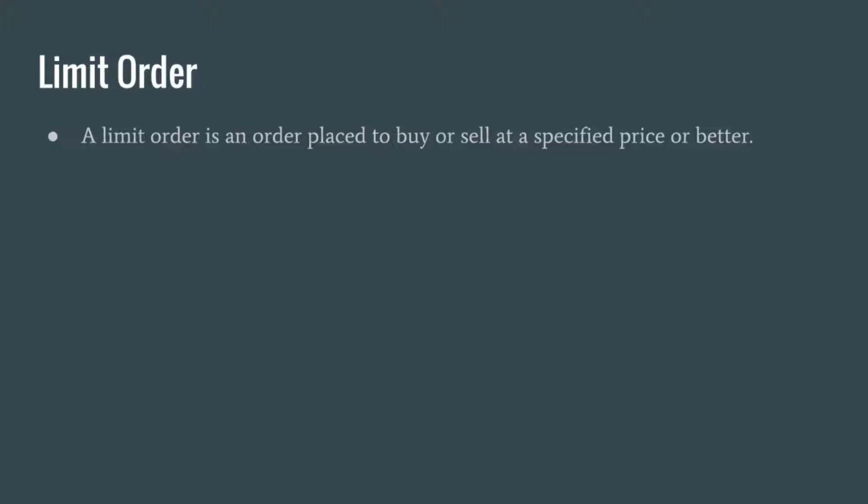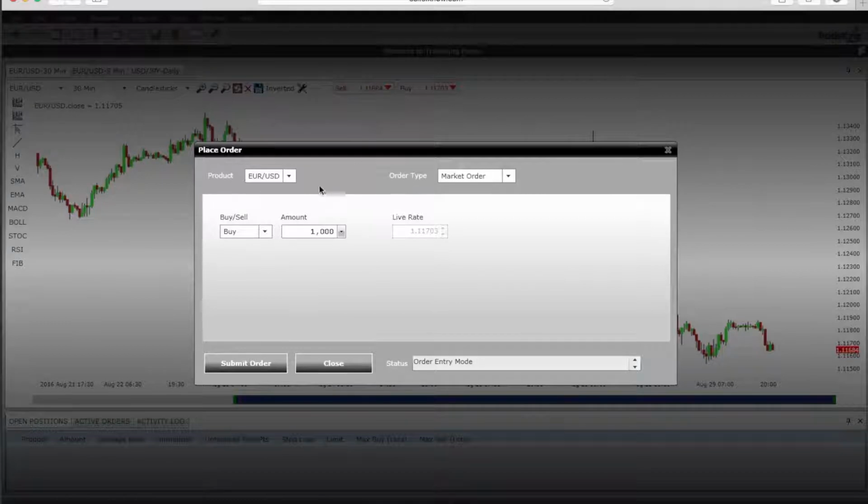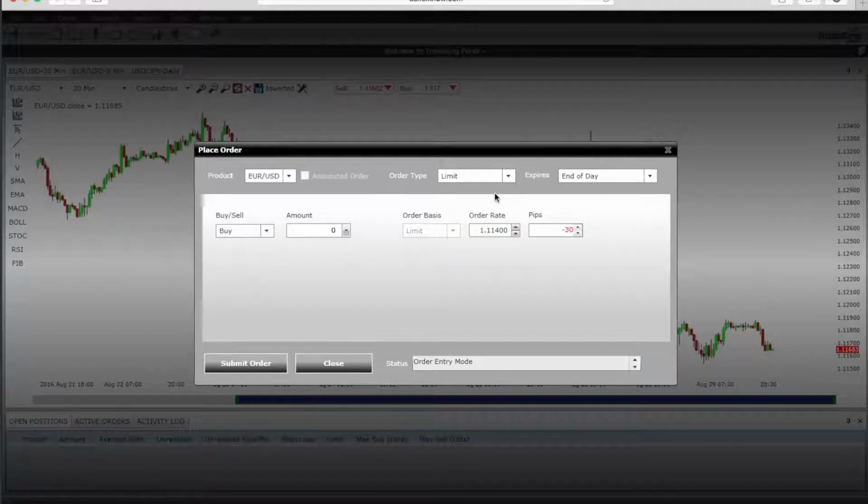So let's go ahead and look at an example, because I think this is definitely helpful. We'll stick to the same currency pair and amount throughout these examples, but we'll change our order type. As you can notice, that changed a little bit. A couple more things popped up. Here you can see this is a limit order. You are able to change the rate.